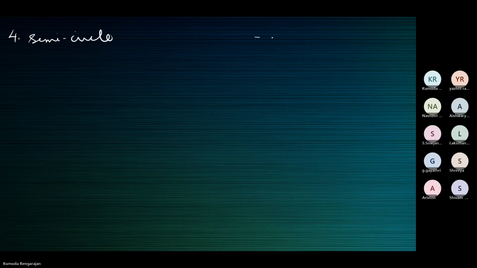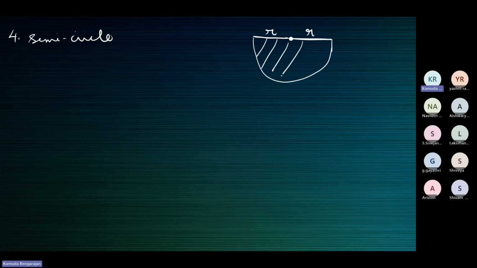Semicircle. Correct? This is a semicircle, right? This one is a semicircular region.